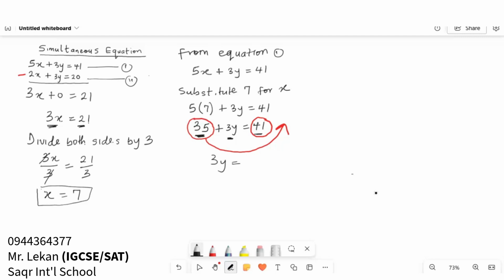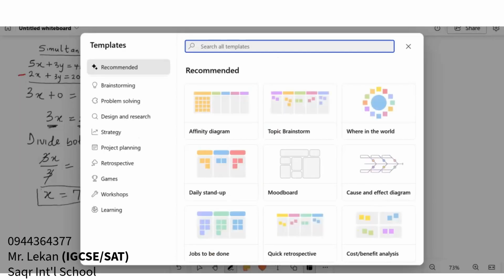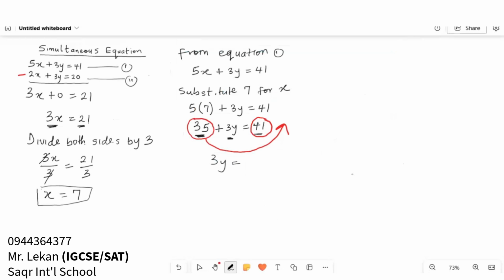It is positive here, so it will become 41 minus 35. It has moved from this side straight to this side. So I have 3y is equal to 41 minus 35, which will give you 6.